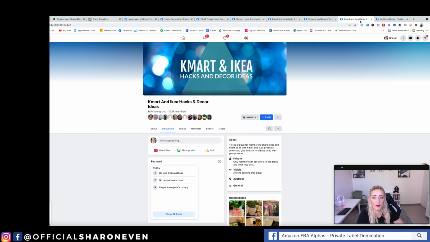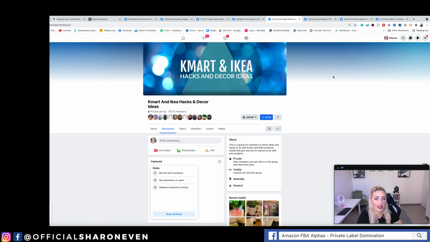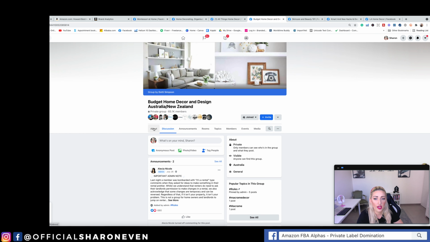This is just examples. So I'm in a whole bunch of Facebook groups from like Kmart and IKEA, and here you can also see, this will be a Kmart and IKEA. Oh, it's the same group. Let's close it. Okay, budget home decor. No, where's the one I'm looking for? Maybe, okay, here, budget home decor and design Australia and New Zealand.